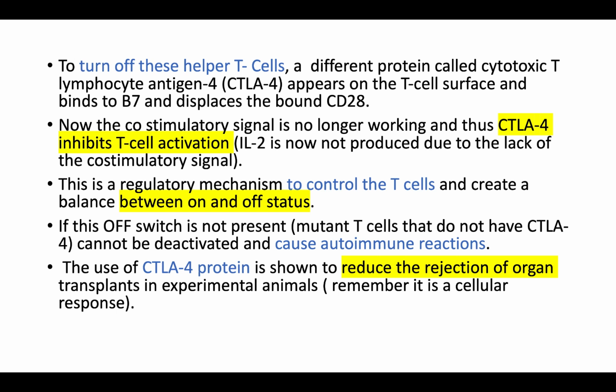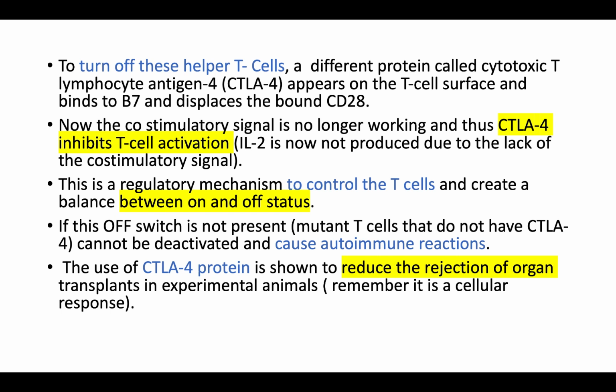Now this co-stimulator signal is no longer there. This is a protein called cytotoxic T lymphocyte antigen 4, CTLA4. CTLA4 is a co-stimulator signal inhibitor, so it inhibits T cell activation. This is a regulatory mechanism to control T cells and turn them off after they have been activated.